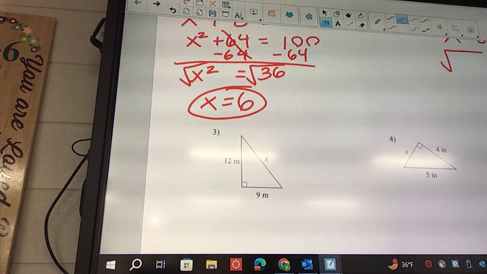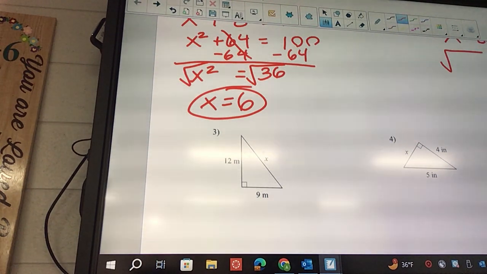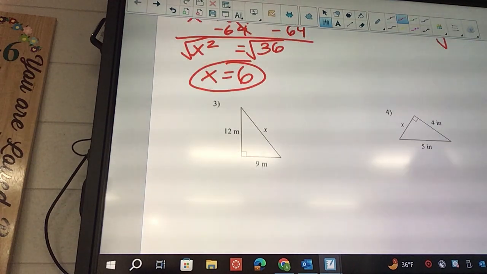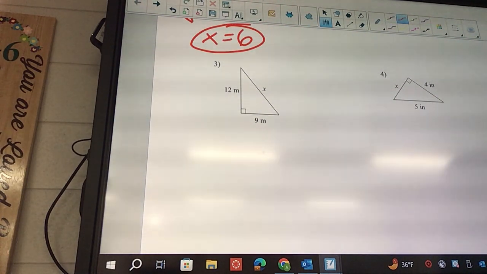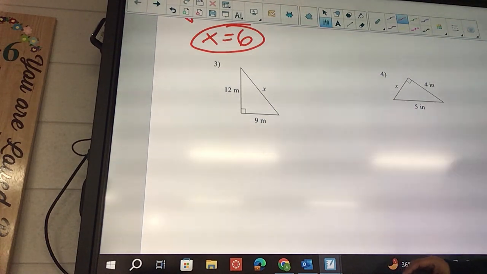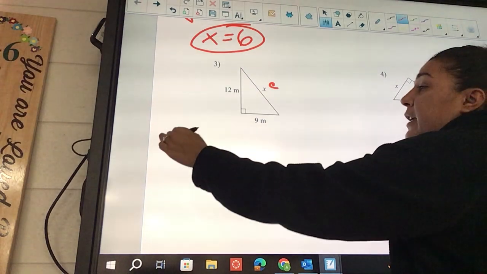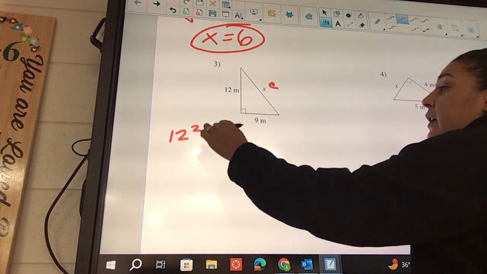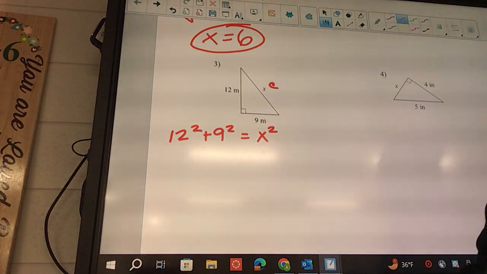Okay, number 3, which one is the C? 12. Try again. Which one is the C? 13. The X. Oh, wait a minute. Okay, so this is our C. So we're gonna say 12 squared plus 9 squared equals x squared.